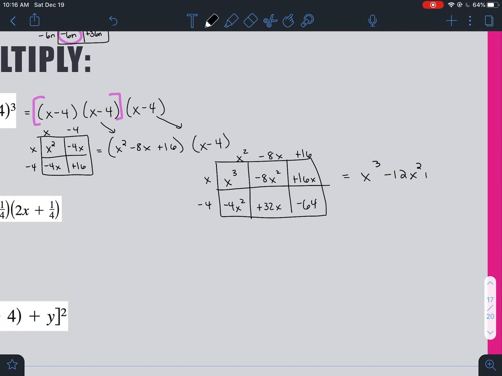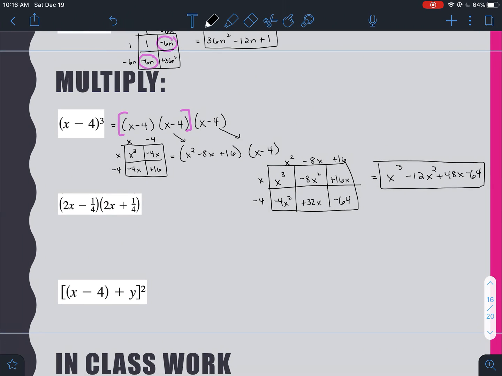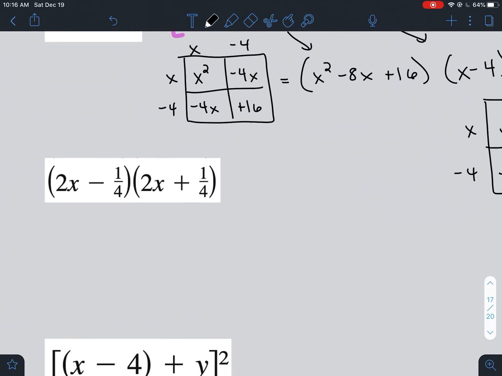So combining like terms, we get x to the third minus 12x squared plus 48x minus 64. So if you are multiplying 3 binomials or 3 polynomials, you can multiply the first two first, and then whatever you get, you can multiply that by the last one. All right, let's look at the next one.